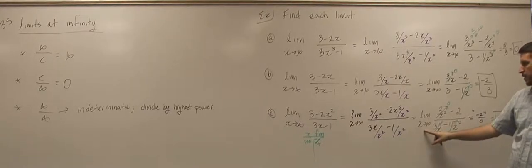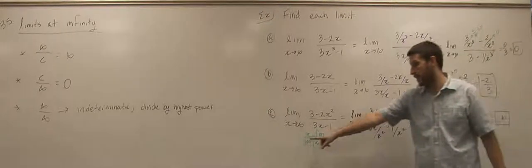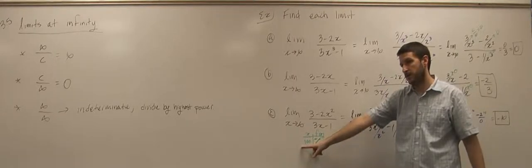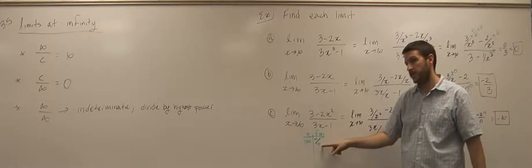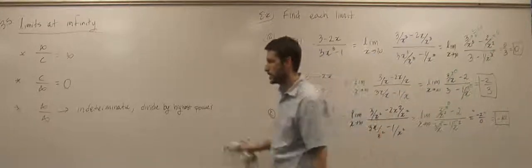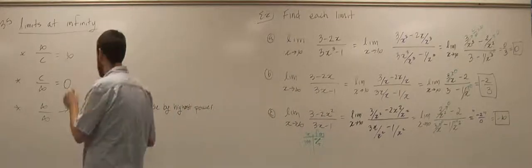If this were going to negative infinity, you'd have to plug in negative 100 here, right? And then the bottom would become negative. So then you'd be going to positive.